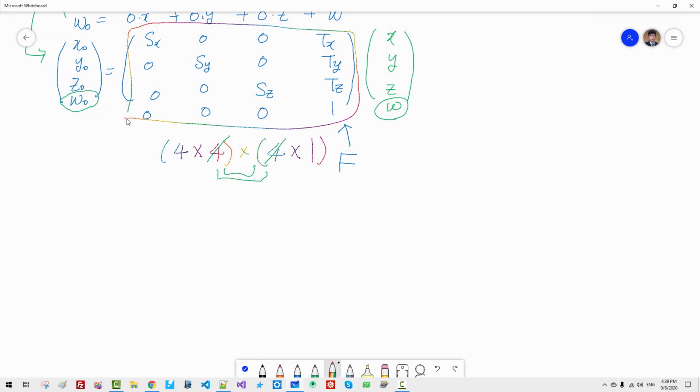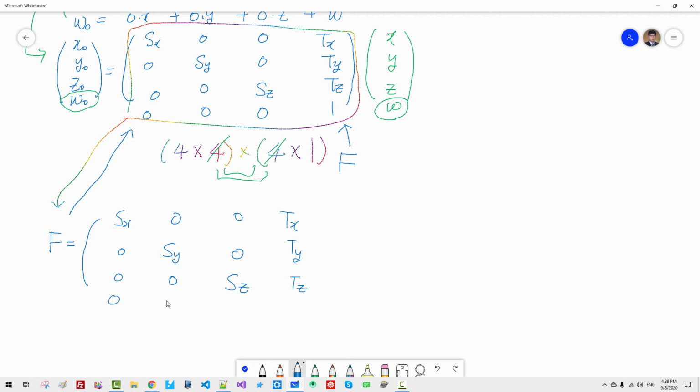I will represent this matrix by F, the transformation matrix: Sx 0 0 Tx; 0 Sy 0 Ty; 0 0 Sz Tz; 0 0 0 1.